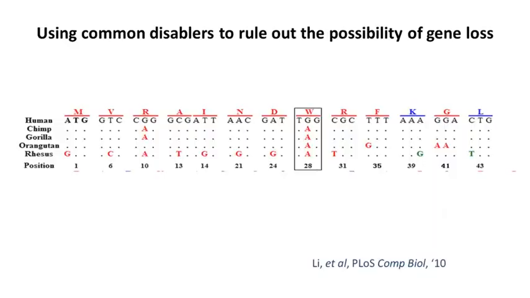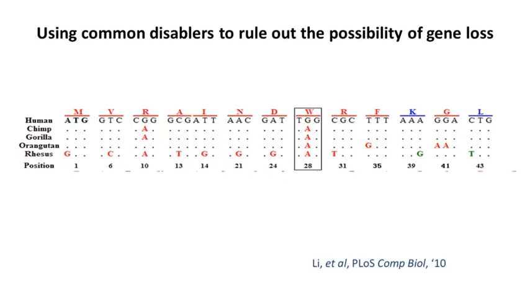Here is the example of FLJ33706 again. How can you be sure that it is the acquisition of nucleotide G here that generated a complete open reading frame? Couldn't it be that the ancestral species also had the G and therefore a complete open reading frame, but it was lost in chimpanzee, gorilla, orangutan, and rhesus monkeys? We distinguish these two possibilities by the parsimony rule.